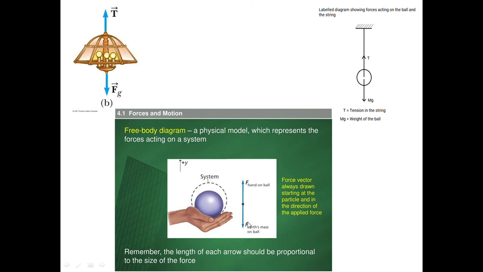The weight on the ball is shown by F, and the hand also applies a force on the object. It is shown by this F, upward force. This is the down force, up force. So these two are opposite and equal. This is also an instance where the equilibrium of forces is explained.